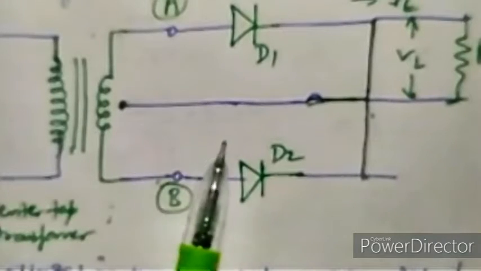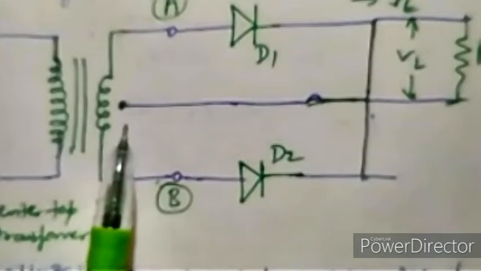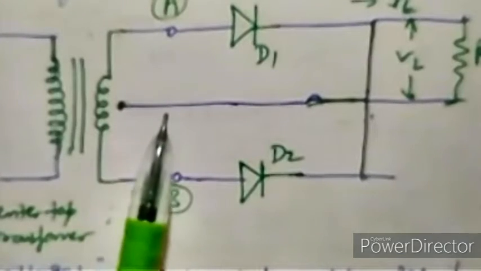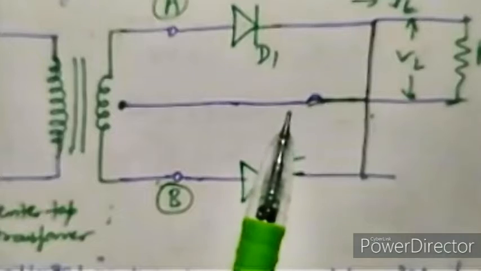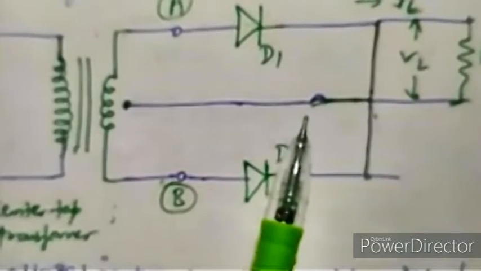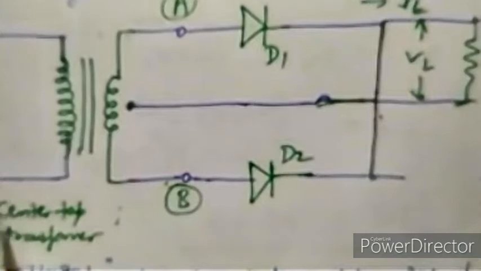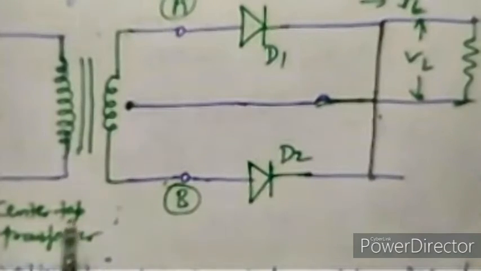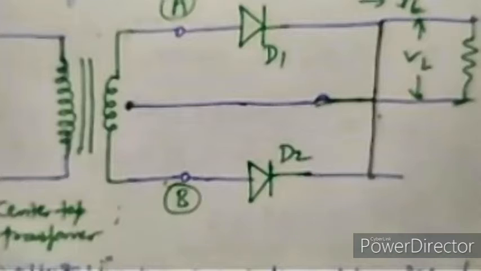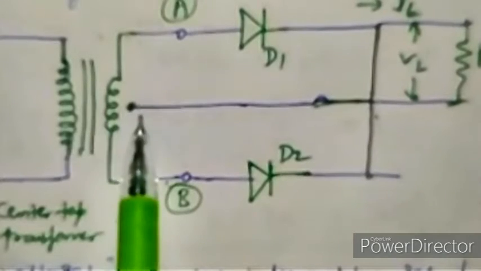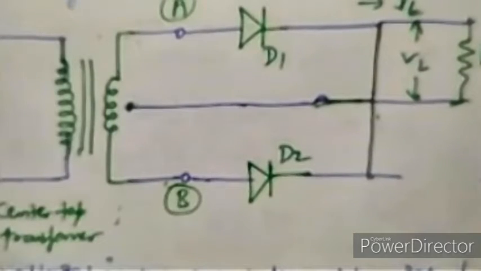In a full wave rectifier, the load current flows for both half cycles of the AC supply. The induced voltages in the two halves of the secondary winding are always 180 degrees out of phase with respect to each other.